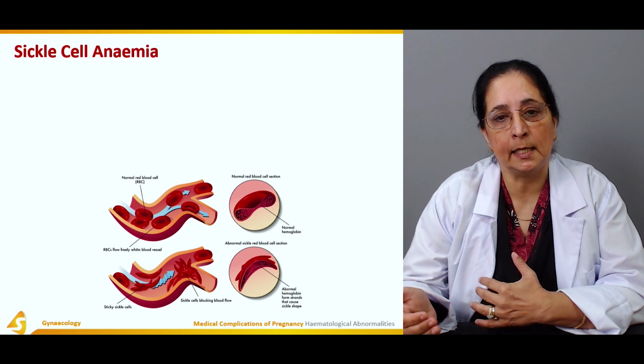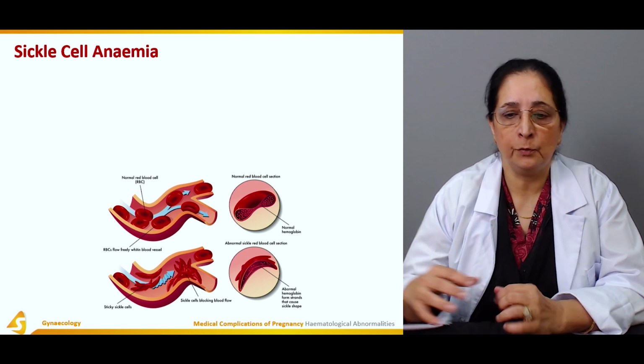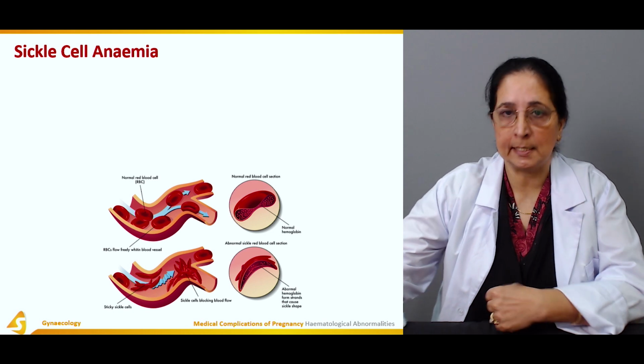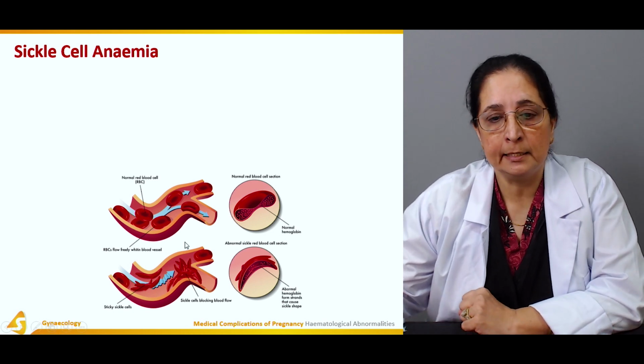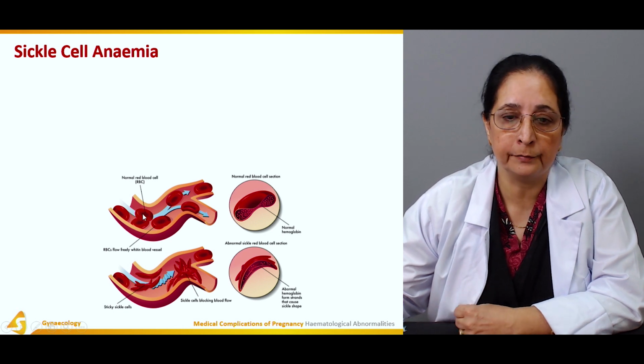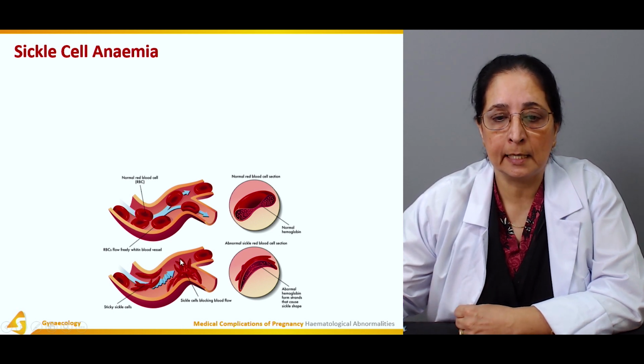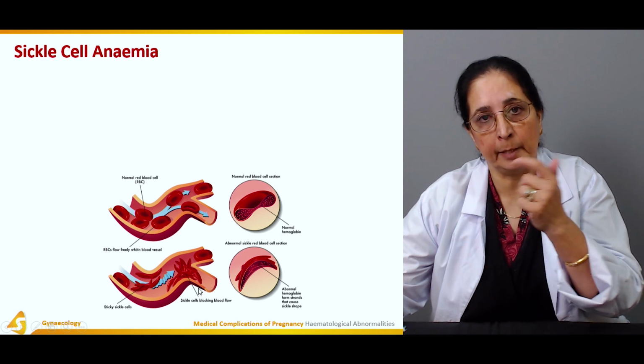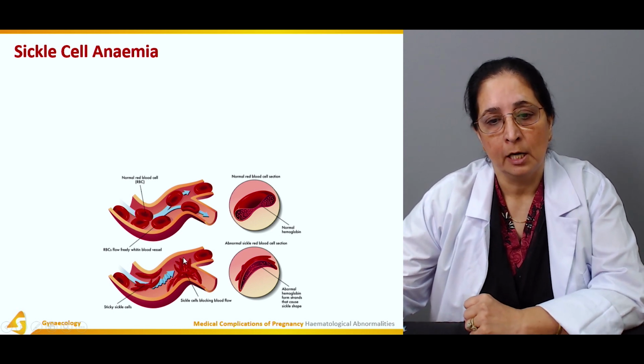But sickle cell anemia is a condition in which the shape of the red blood cells is affected. Instead of the biconcave disc, which is the normal shape of the red blood cell, the cells are sickle shaped.